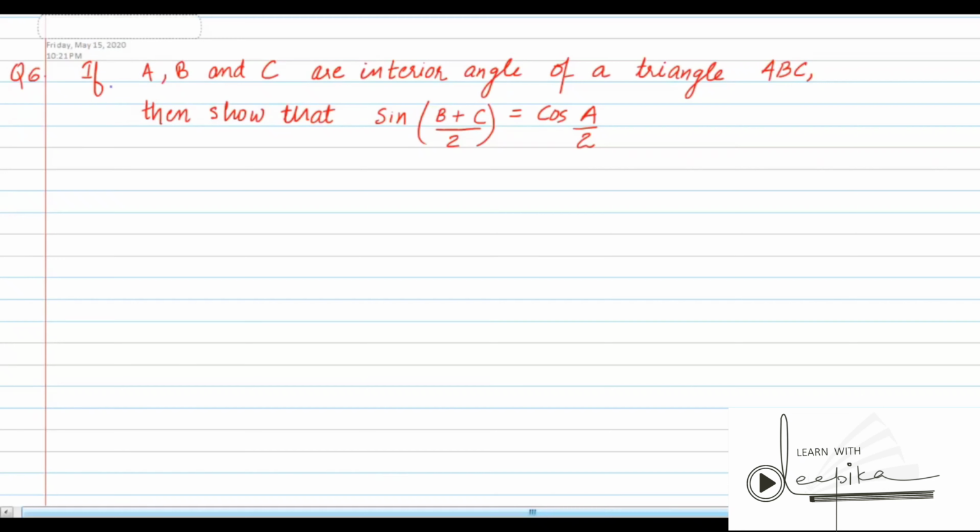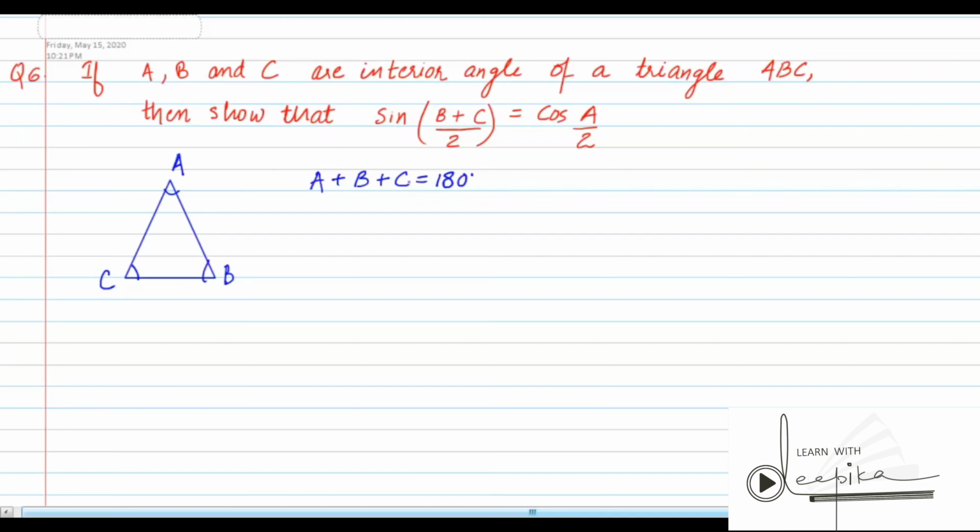Question number 6 is, if A, B and C are interior angles of a triangle ABC, then show that sine of B plus C upon 2 is equals to cos A upon 2. Let's take a triangle ABC, in which this angle is A, angle B and angle C. You can see the sum of angles A, B and C is 180 degree from the angle sum property.